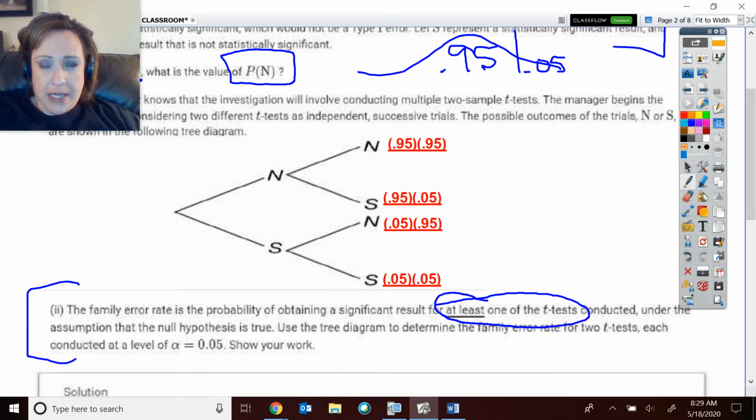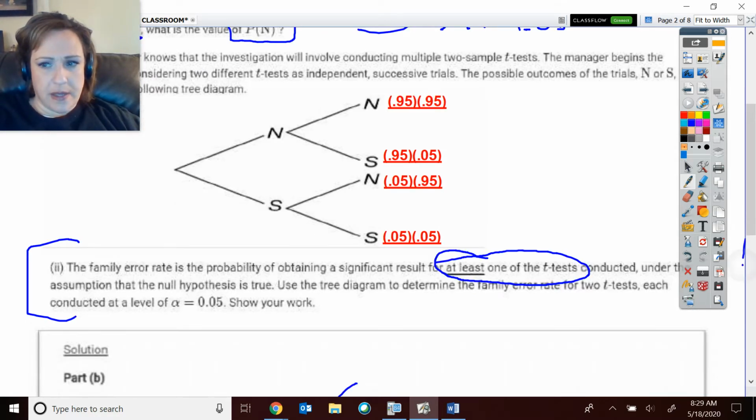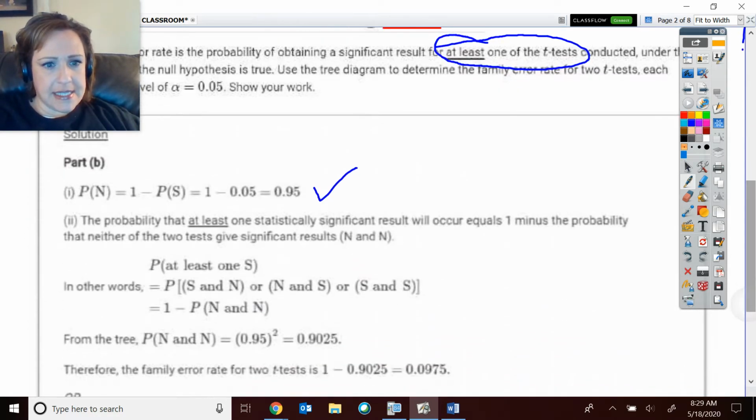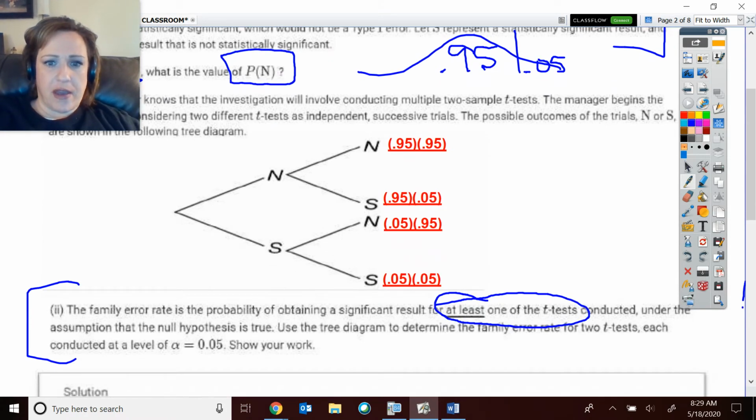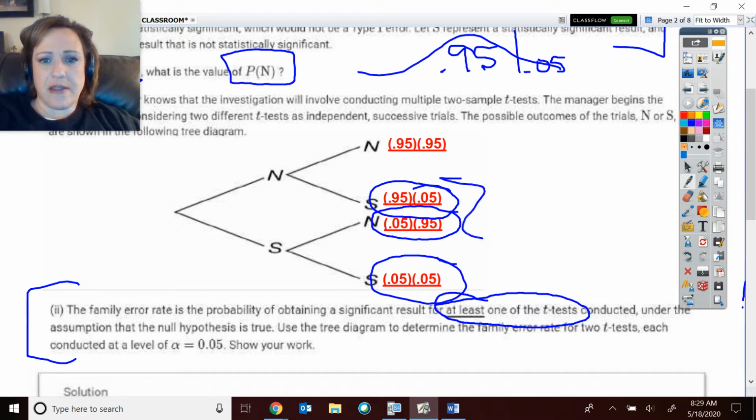So that means in order to have at least one of them be a statistically significant result, you have the situations where both of them are, the first is and the second is not, or the first is not and the second one is. So you have these 3 situations which are happening when at least one of them is statistically significant.